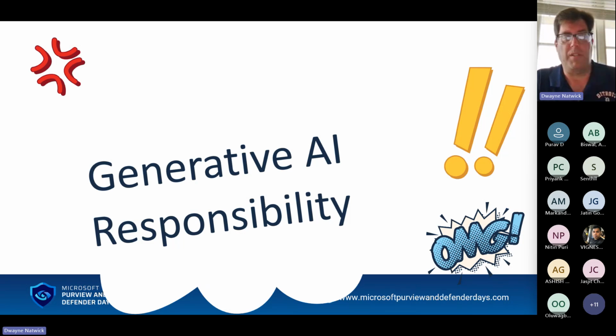So, generative AI responsibility. We've talked about the general pillars of AI responsibility, but now let's get into, in the last couple of slides here, generative AI responsibility. Now that we've broken down the risk management aspect of it all and how we're going to handle risk and govern over our data, we are building a proper risk management strategy that aligns.